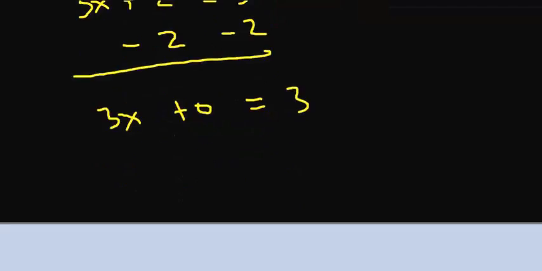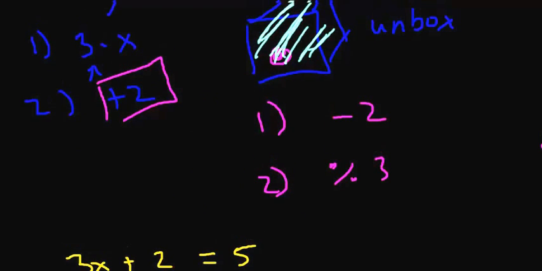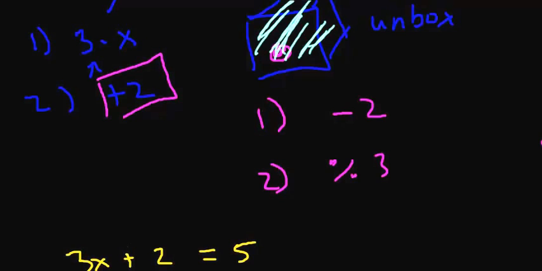Now we're getting there. This plus 0, what's anything plus 0? Anything plus 0 is itself, so I can just ignore that 0 or delete it altogether, and say 3x equals 3. Now remember we multiplied by 3, so in order to undo that multiplication, we're going to divide by 3.